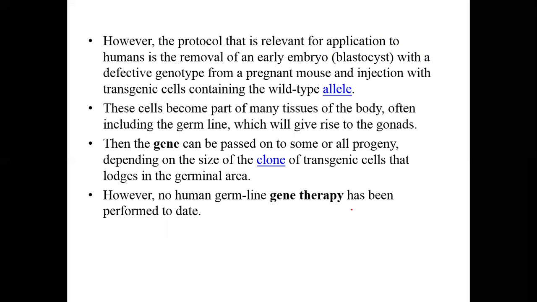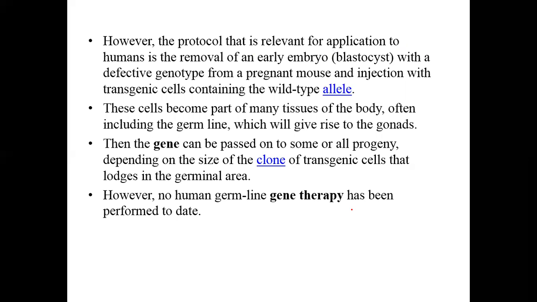However, the protocol relevant for application to humans is the removal of an early embryo with the defective genotype from a pregnant mouse and injection with transgenic cells containing the wild type allele.